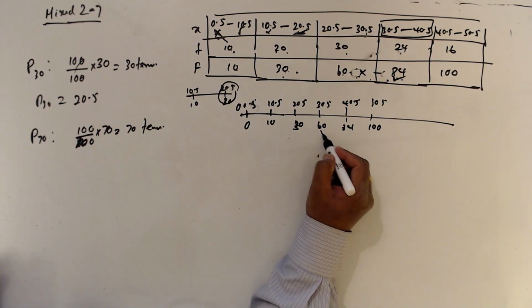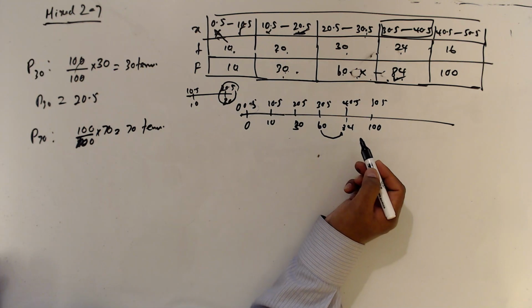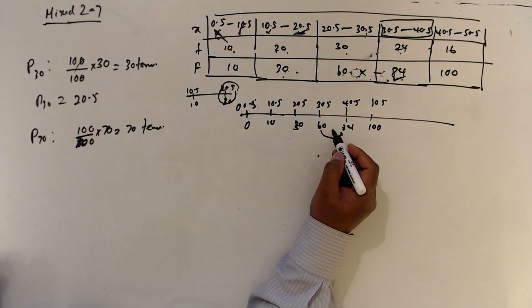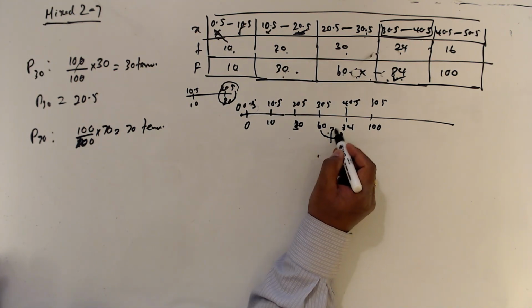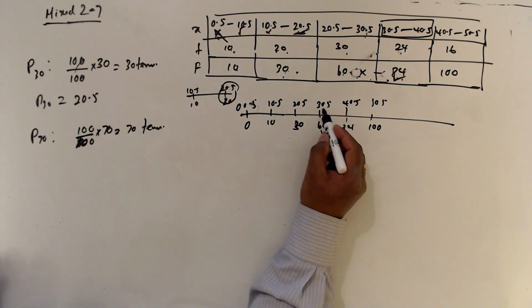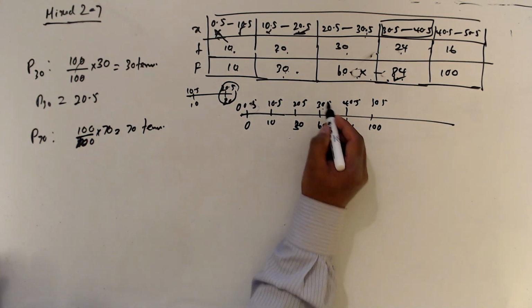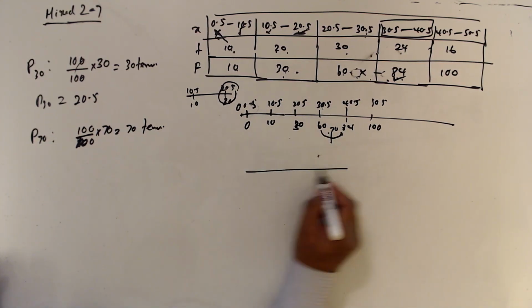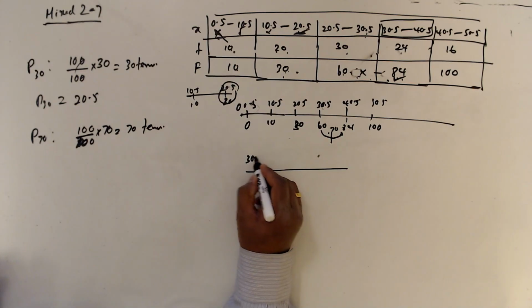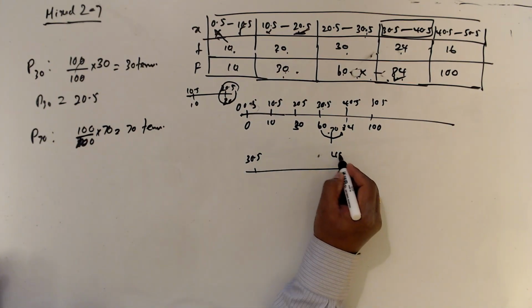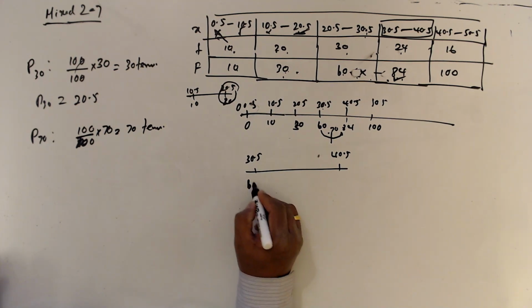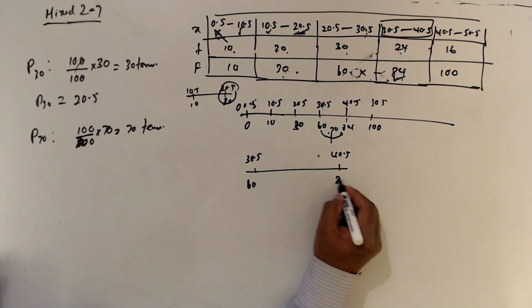So 60 to 84 in this area we can find 70. It means 30.5 to 40.5.